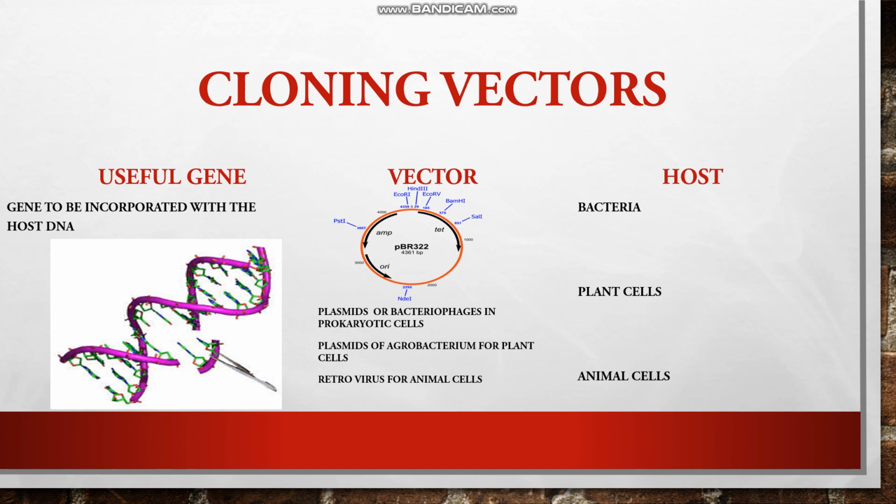In this slide, you can see a useful gene which is to be transferred into the host organism with the help of a vector. The most commonly used vectors are plasmids or bacteriophages in bacteria, agrobacterium for plant cells, and retrovirus for animal cells.